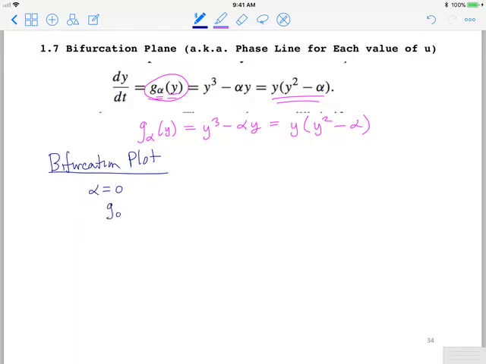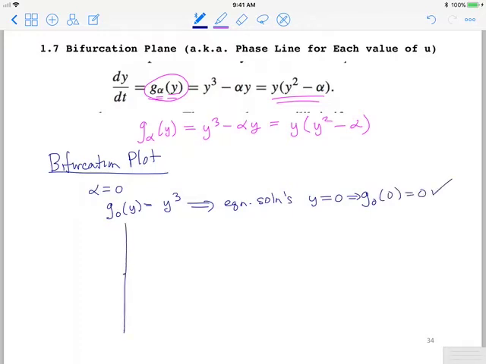So g sub alpha, for alpha equals 0, of y is y cubed. You then want to find equilibrium solutions, which turn out to be y equal to 0. So g sub 0 evaluated at 0 is 0, so that's an equilibrium solution.